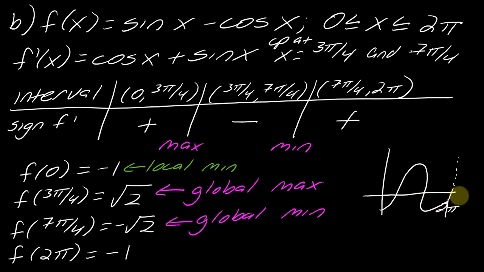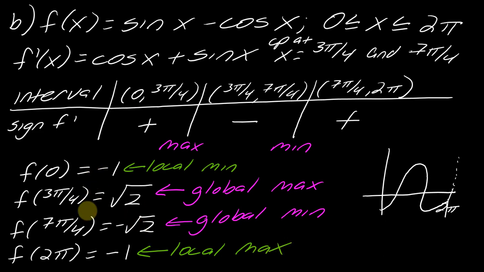And on this side, if you were to continue this pattern, this side looks like it's about to turn into a little peak right here where it gets cut off on the graph. So we could actually think of this as a local max.